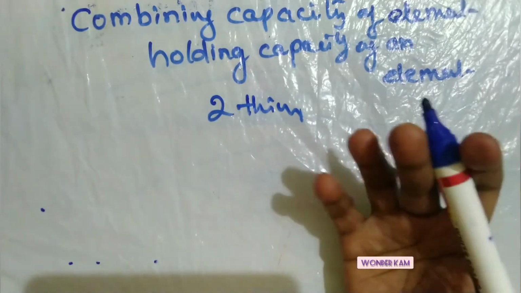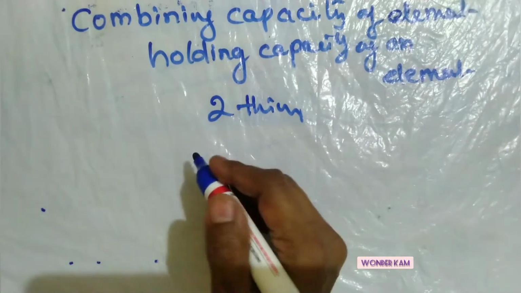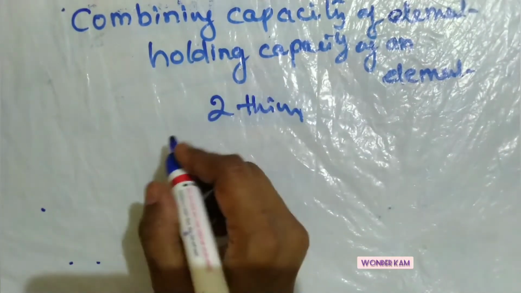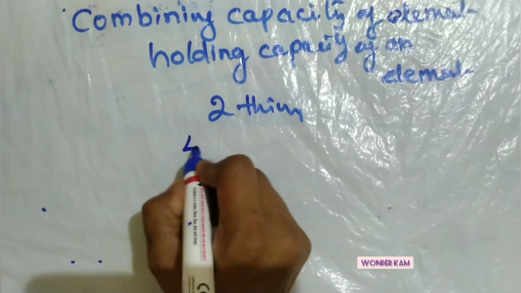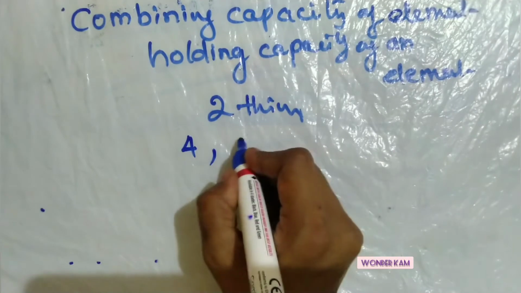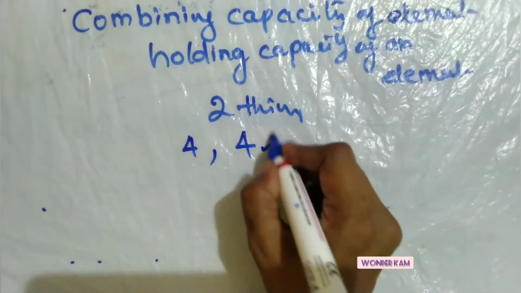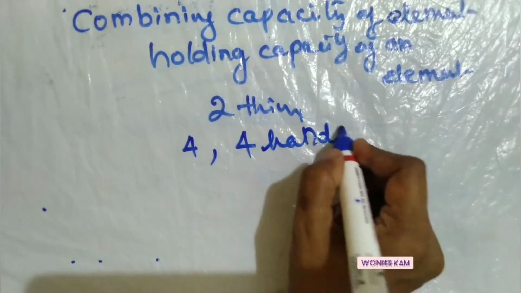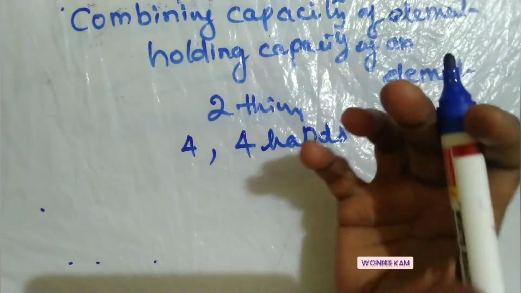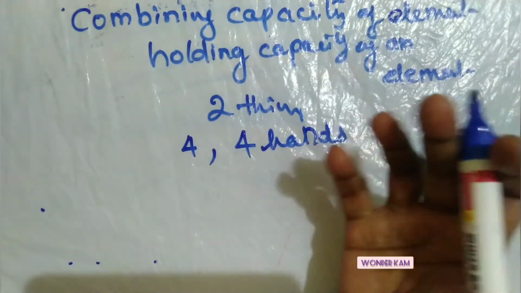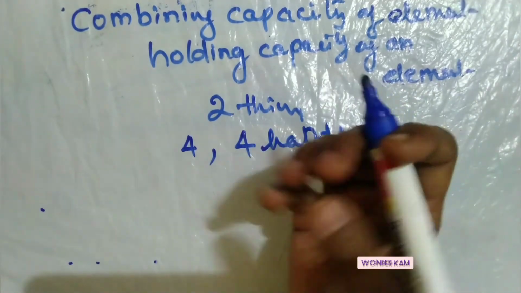Imagine, from mythology, Lord Vishnu, who has four hands, or Lord Ganesha, who has four hands. At a time he can hold four things, whereas we can hold only two things.